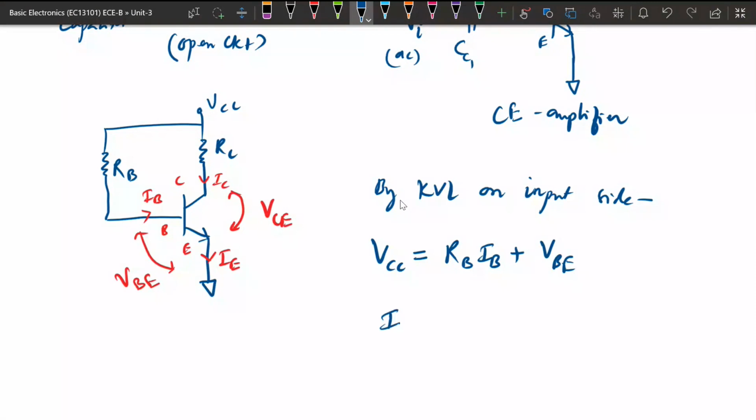From there, IB equals VCC minus VBE divided by RB.